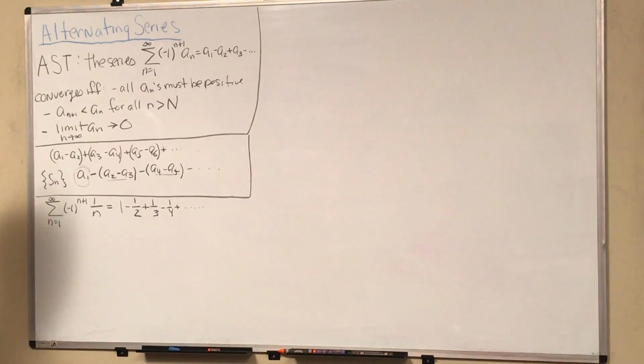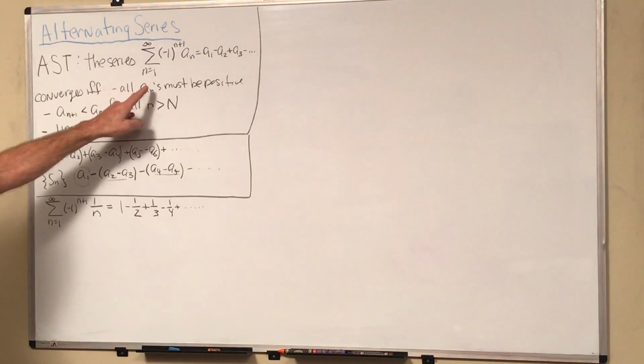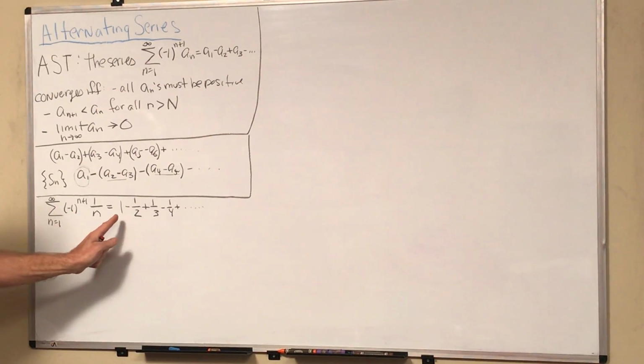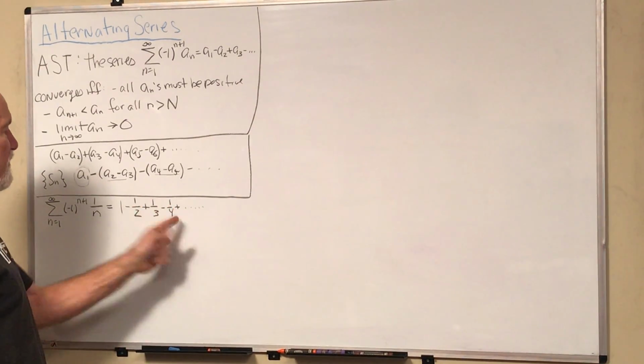And if we want to know whether that converges or not, we could say, oh, it's an alternating series. I can sure see that it's an alternating series, so it passes the first part. Do the terms seem to be getting smaller in absolute value? Yes. 1, a half, a third, a fourth.